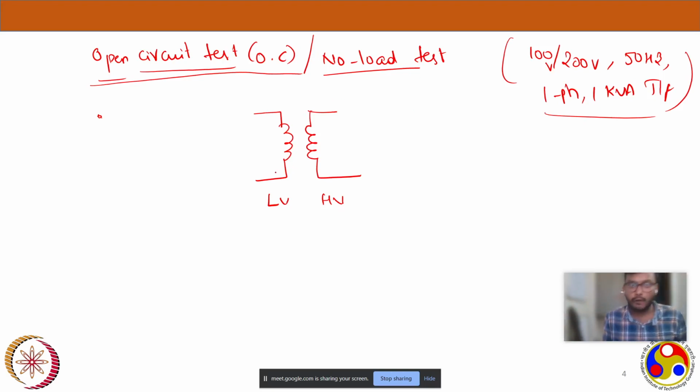Now what we discussed, when we go for the open circuit test, we have to open this high voltage side and conduct the test on the low voltage side. Conducting the test means I am placing my instruments on the low voltage side because I want to measure the voltage, current and power readings on the low voltage side.